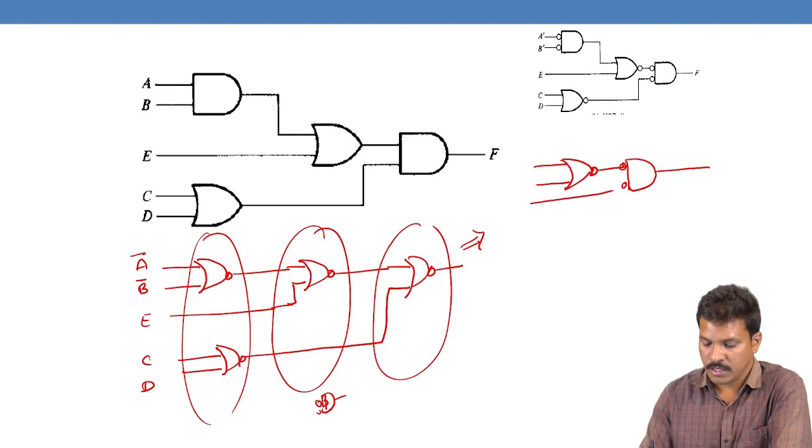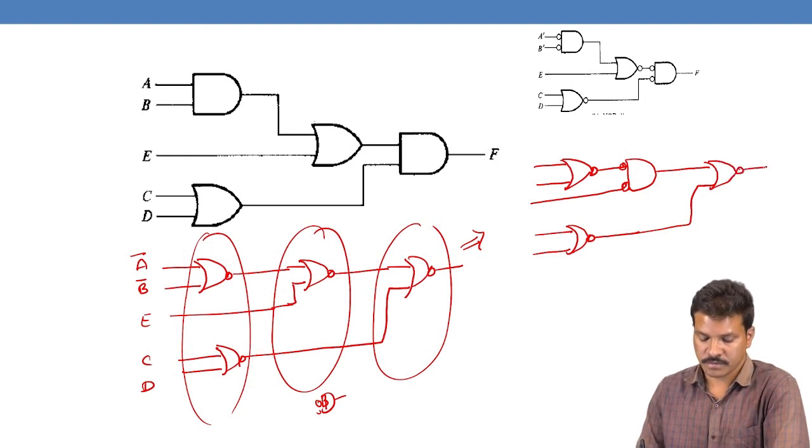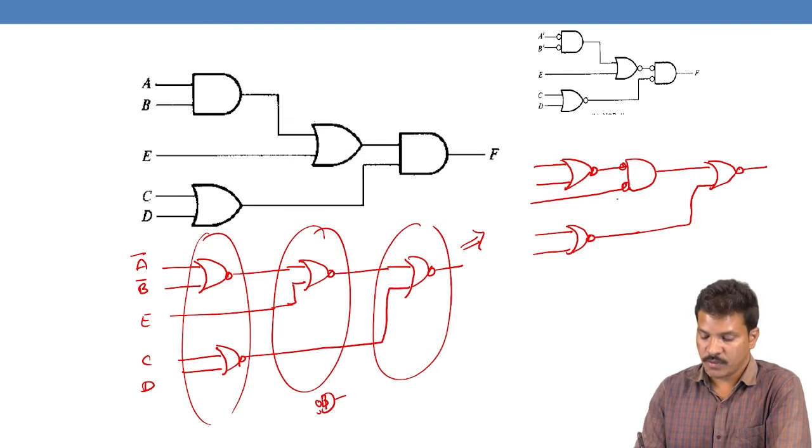This is the second input, and this one is a NOR gate. The first level is as it is, and on the third level also take it as it is. So what happened here is this bubble cancels, A bar, B bar.